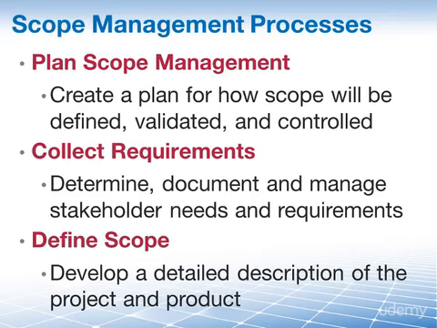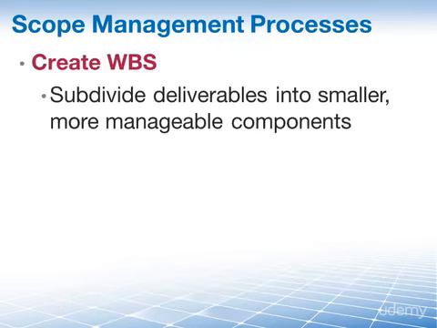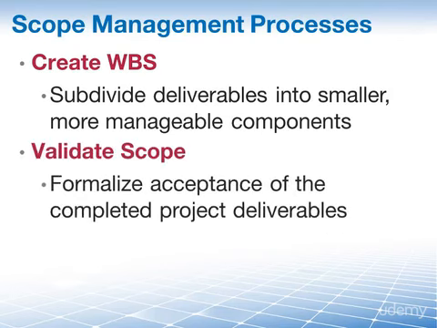Now that we have the scope at a detailed level, we are going to have to create a WBS, a work breakdown structure, in the process of subdividing project deliverables and project work into smaller, more manageable components. We also have to validate the scope. This is the process of formalizing acceptance of the completed project deliverables.